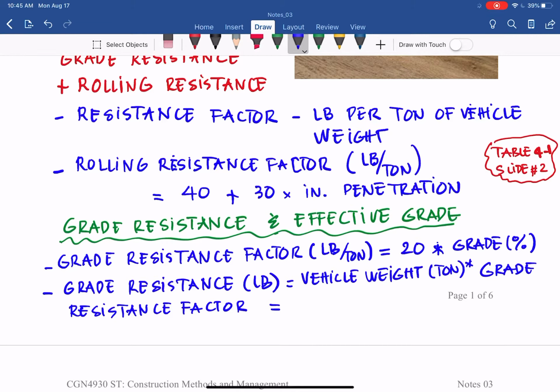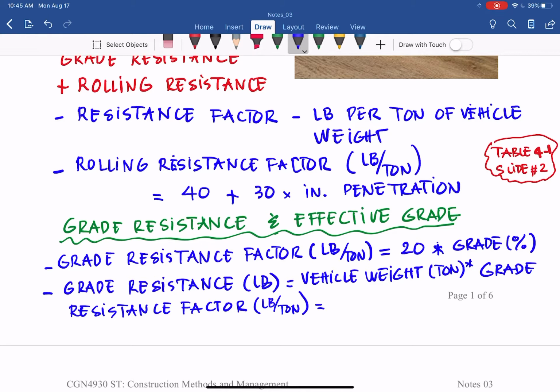And for the grade resistance factor, again, it is measured in pound per ton, as determined in the previous equation, 20 times grade percent.